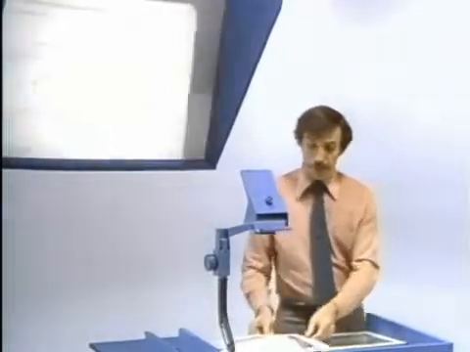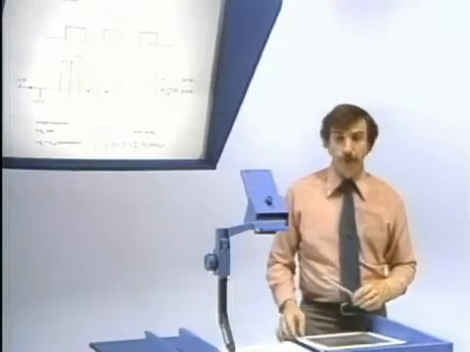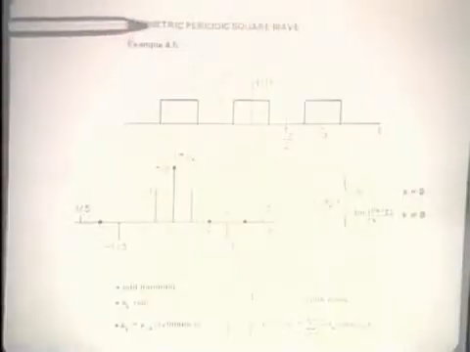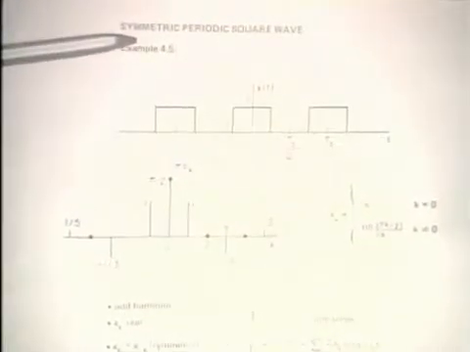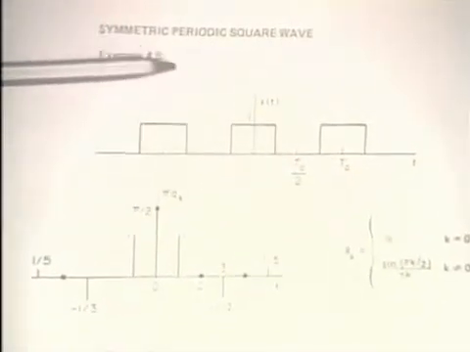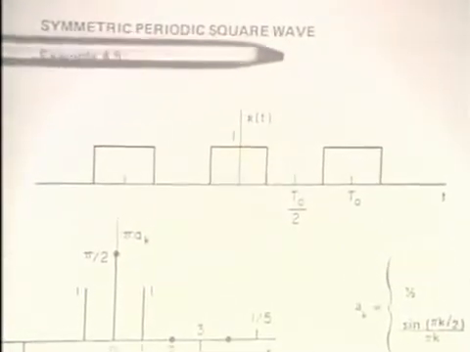Okay, now let's look at another example. Another example is the symmetric periodic square wave. And this is, in fact, example 4.5, worked out in more detail in the text, and I won't bother to work this out in detail here, except to draw your attention to several points.